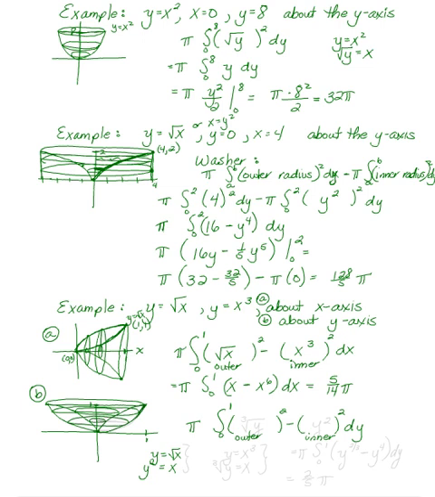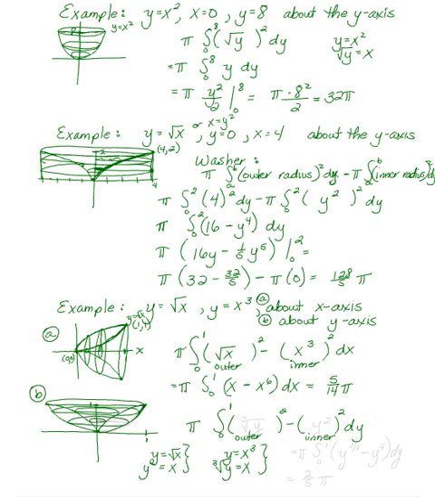The other function was y equal to x cubed, and if we solve for x, we have x equal to the cube root of y. So keep in mind, when we're integrating with respect to y, our functions need to be in terms of y in our integral.